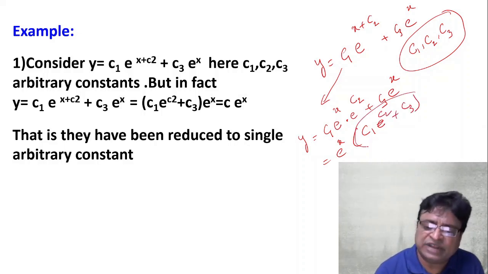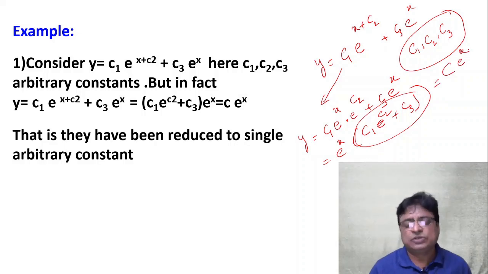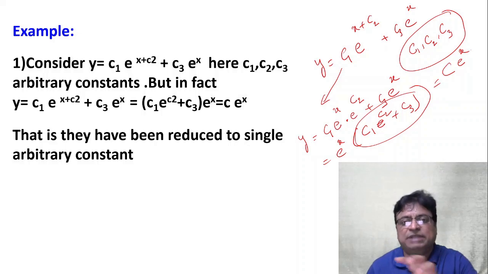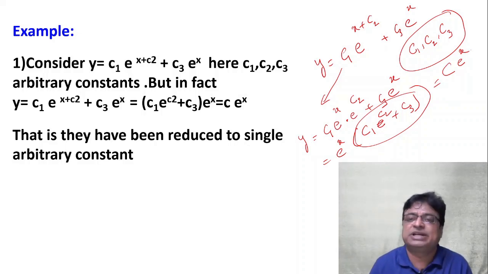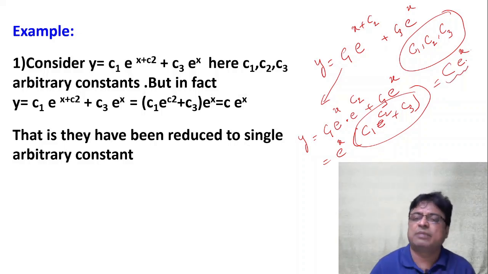Anyhow, this is entirely a constant. I can replace it with C. So, this is C into e power x. Though different arbitrary constants may appear, after simplification we can put them into a single arbitrary constant.